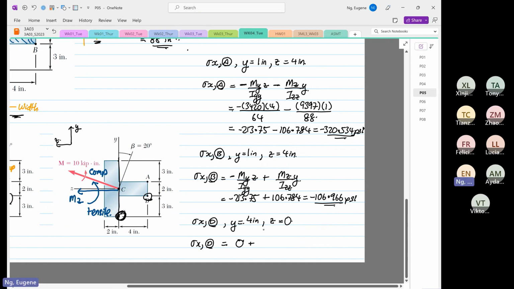Mz is equal to 9397, and then the y distance is 4, and divide by 88. So 9397 times 4 divided by 88 is equal to positive 427.136 psi.